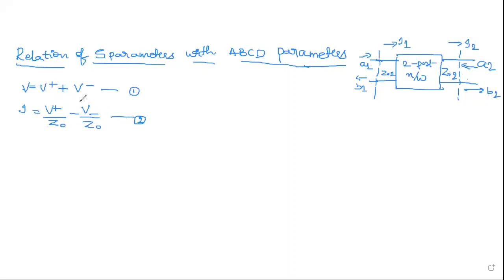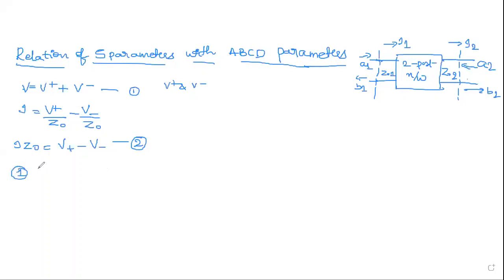Now from these equations, you have to find out the value for V plus and V minus. So the first thing you have to do is bring this equation in the form of I Z naught, so that you can use the equation for adding and subtracting. So it is I into Z naught is equal to V plus minus V minus, which will be equation 2. Now, if you add equation 1 and 2, you will get directly V plus. If you subtract, you will get V minus. I'll consider the addition first.